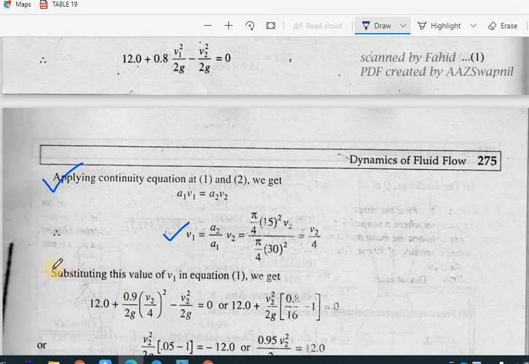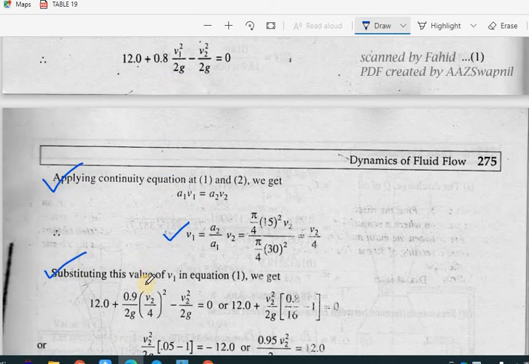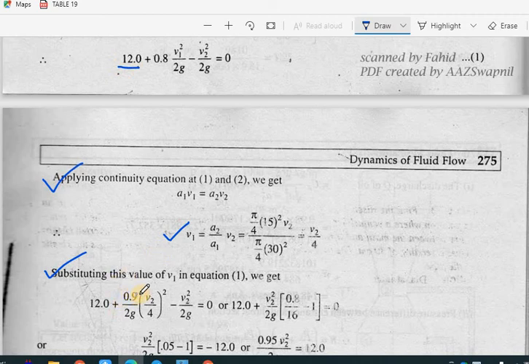Now substituting the value of V1 in equation 1, we get 12 plus 0.8... let me check first.